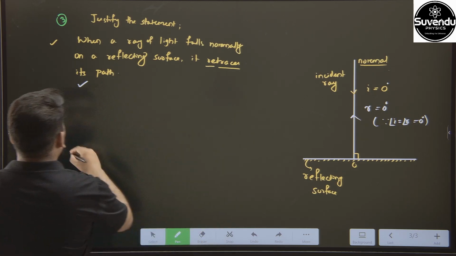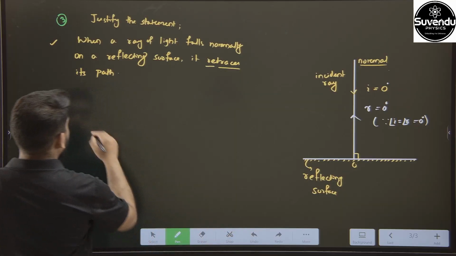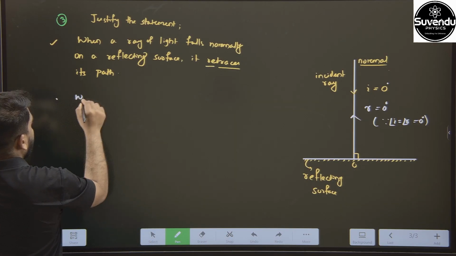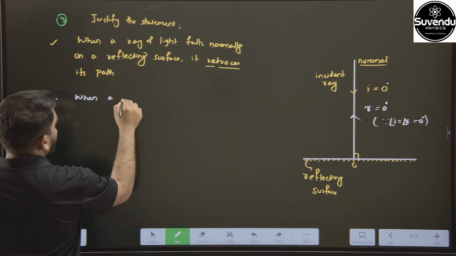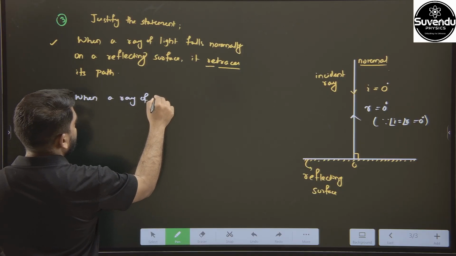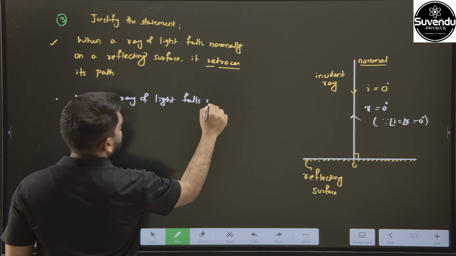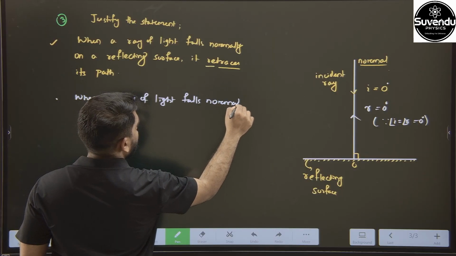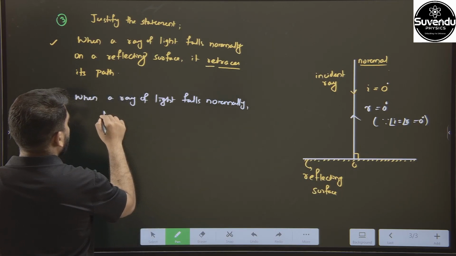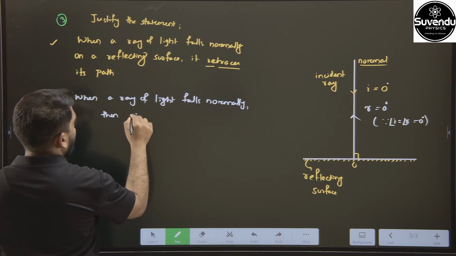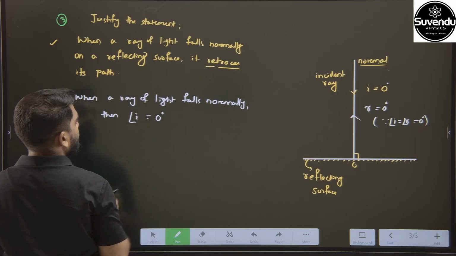Now see, in language what we have to write: when a ray of light falls normally, then angle I is equal to 0 degree.